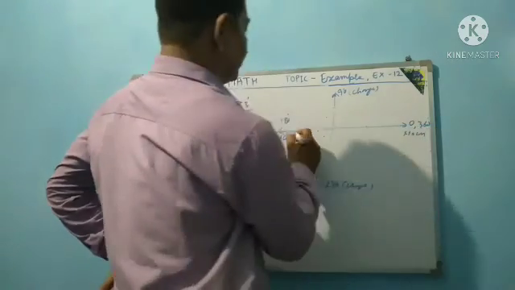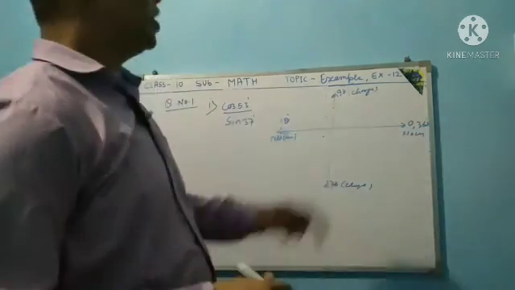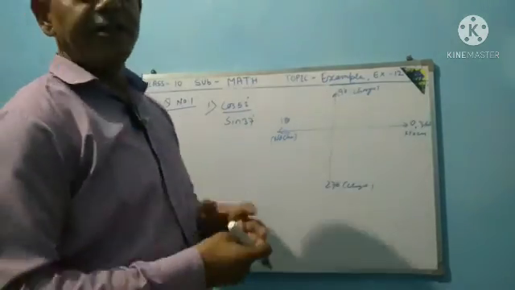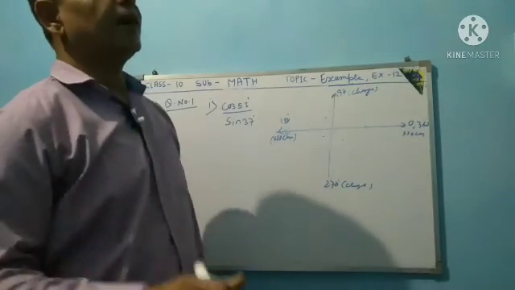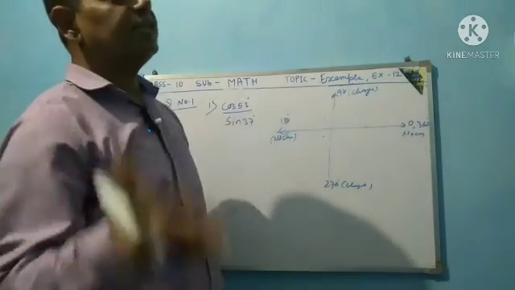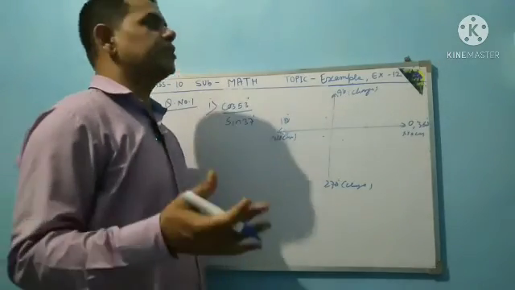So for the first quadrant, the topic of our trigonometry ratio of complementary angles, complementary angles means 90 degree.